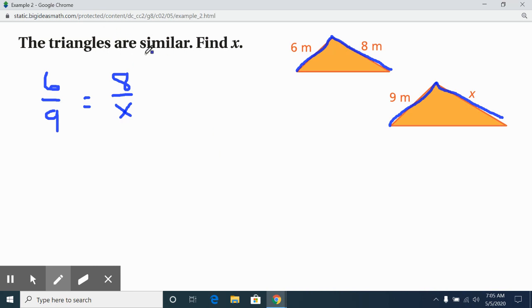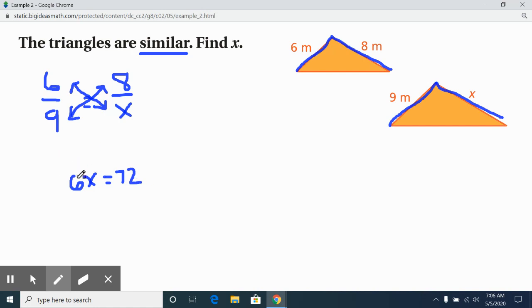Because I know they're similar, I can write a proportion and solve for the missing side length. Now remember, I can do this by cross multiplying. So 6 times x is 6x equals 9 times 8, 72.